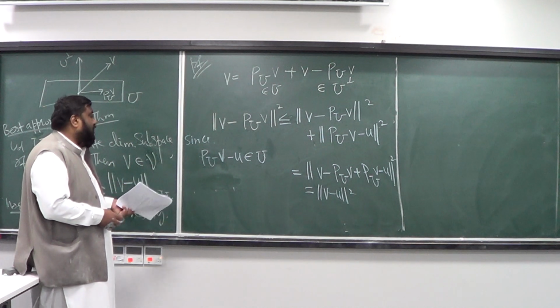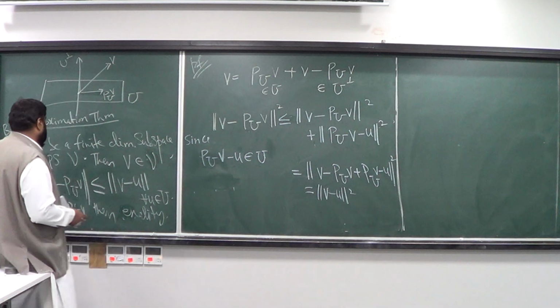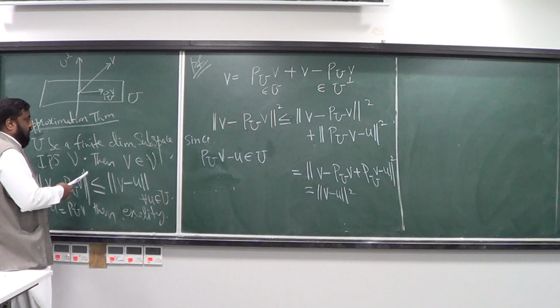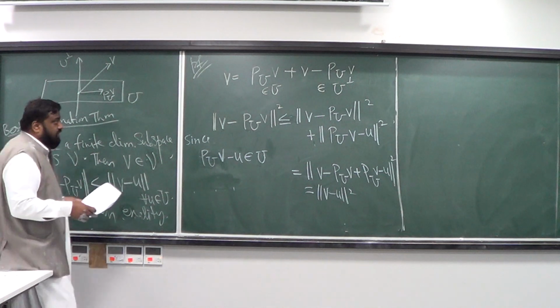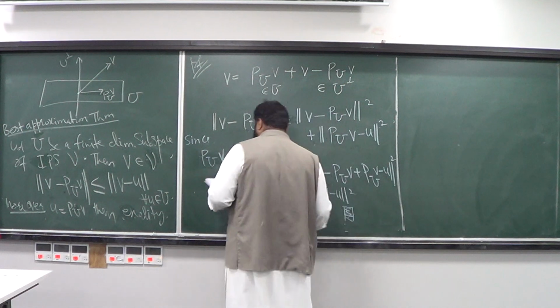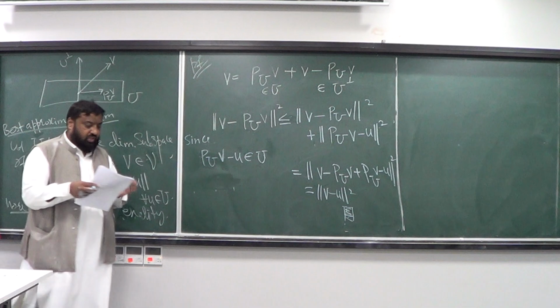Equality is trivial: if you take U to be P_U V, then both sides are equal. So this really completes the proof of the theorem.